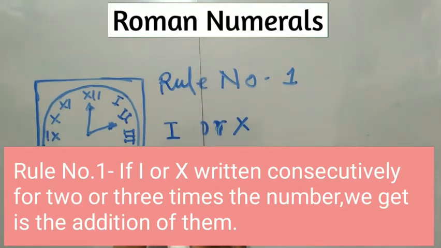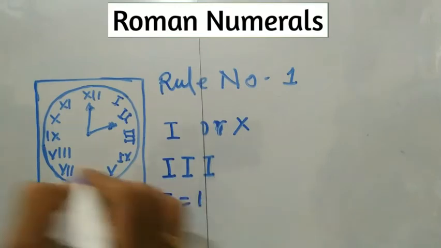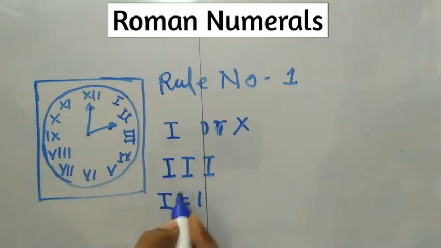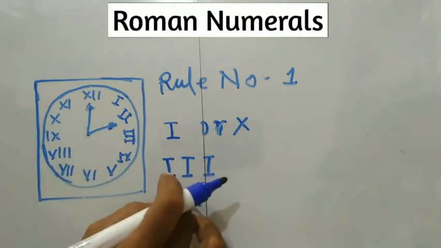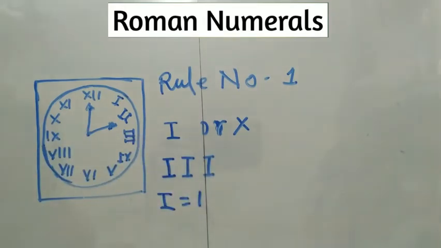If we say I is equal to 1, and we write this I either 2 times or 3 times consecutively, then the value of the number formed will be equal to the addition of the I's written consecutively.